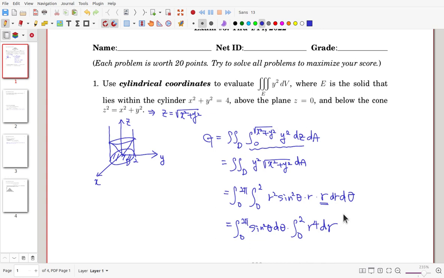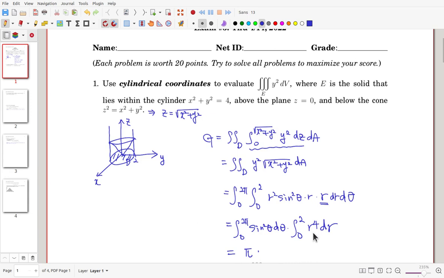Now from here you can evaluate quite easily, by using the formula, sine squared theta is half of 1 minus cosine 2 theta. The cosine 2 theta will make 0 contribution. So from this one, you will have a pi.